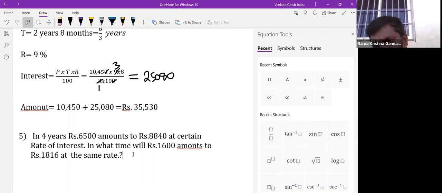All of you, can you do it? Mohan Sai, can you do it? Okay, all of you do that fifth problem.